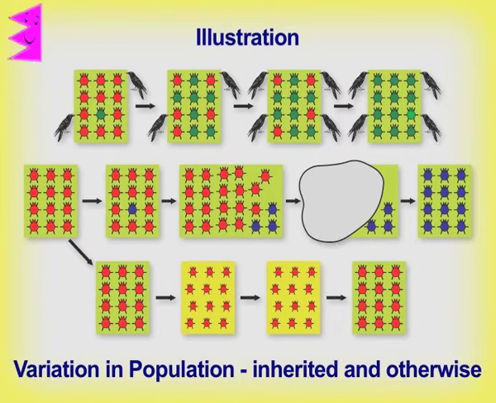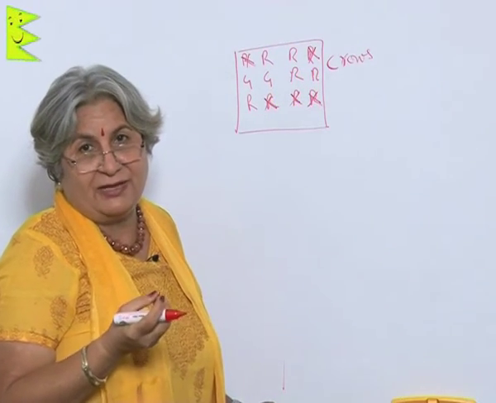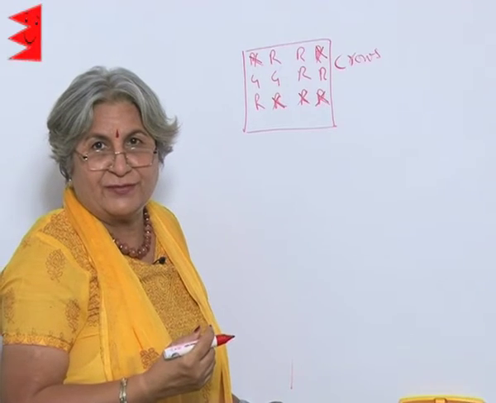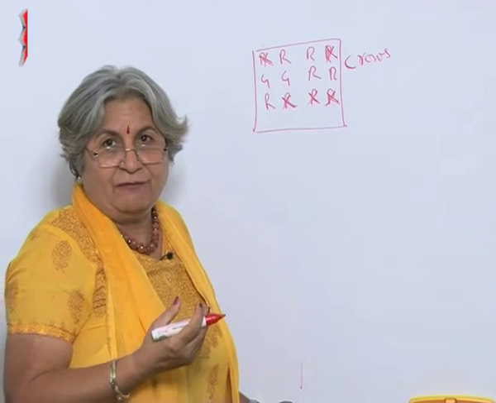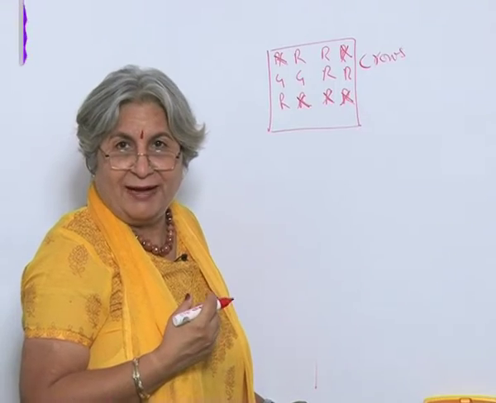Now the crows like to eat the beetles. Obviously it is convenient to see the red ones, so the red ones will start disappearing, while the green ones have the advantage that they get camouflaged in the green leaves. So a time will come when the green beetles will become dominant, right?